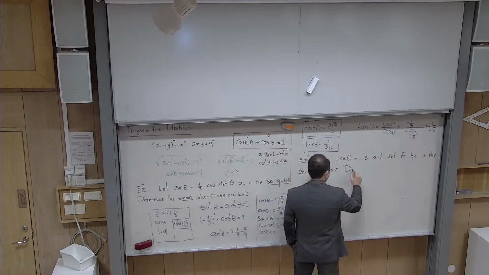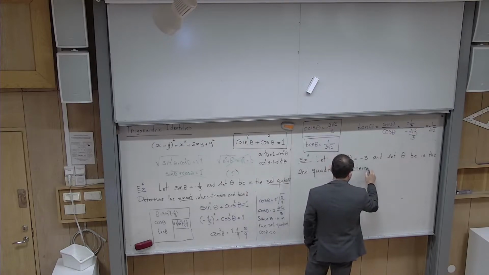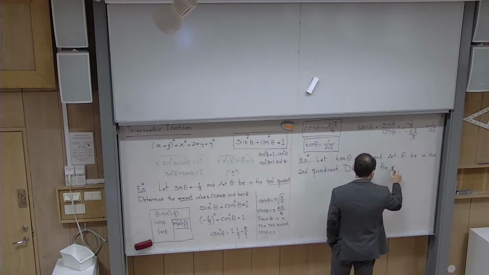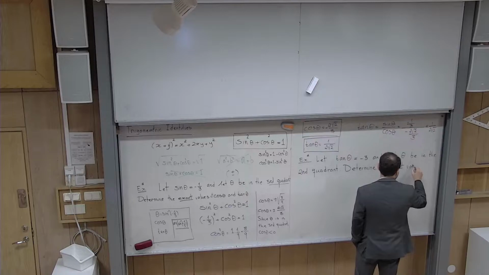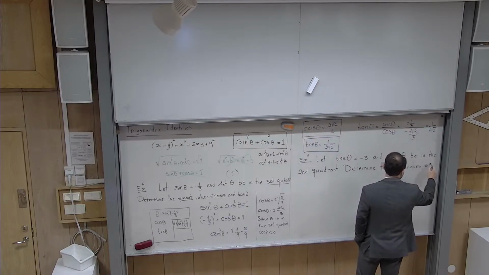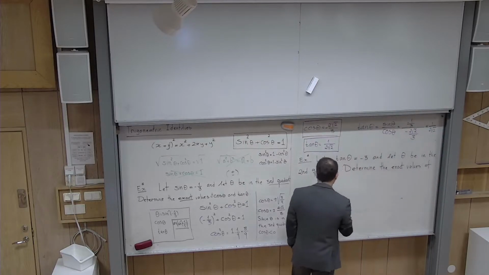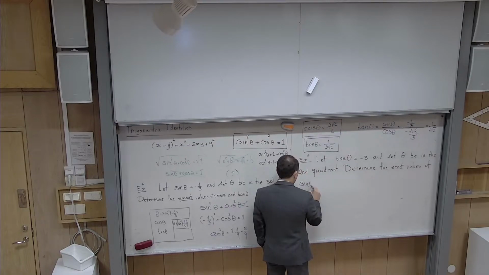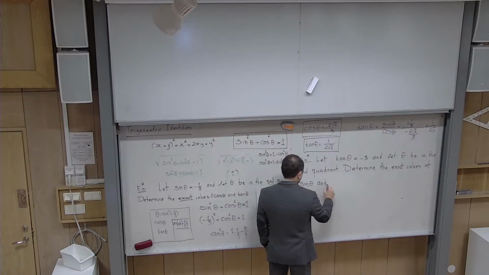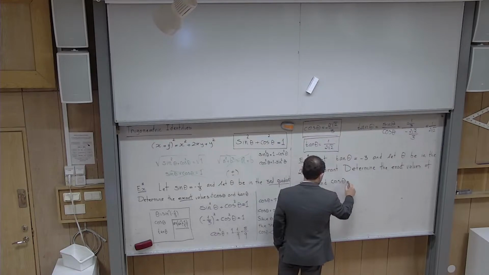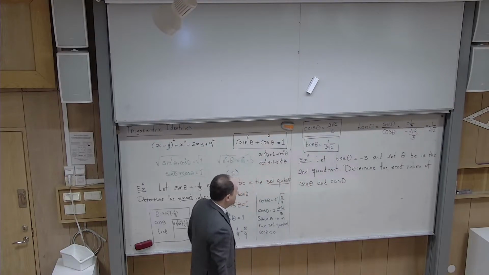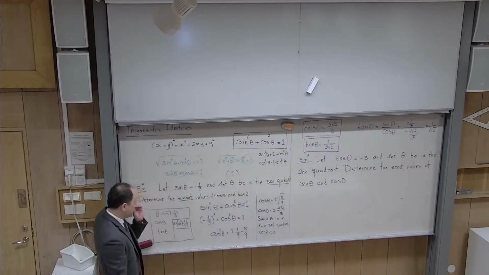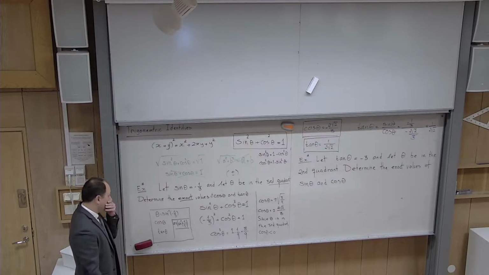Determine the exact values of sine theta and cosine theta. Okay, so these two problems I really want you to understand, not because they are hard, but because it is necessary, especially when we continue in our lesson.